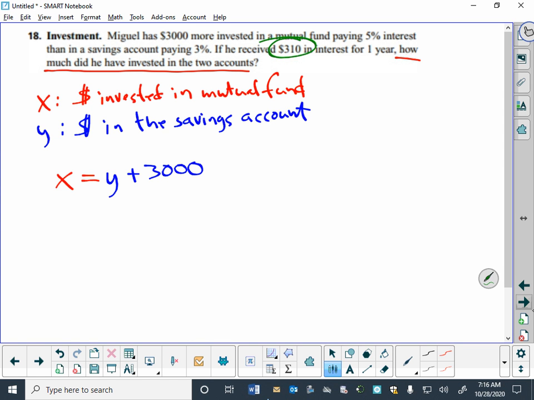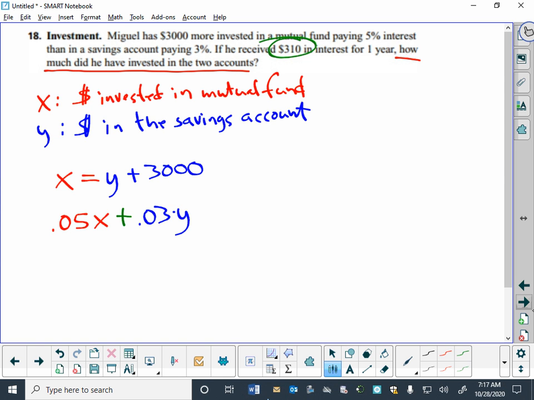Okay, where does that interest come from? Well, he has earnings from his different investments here, and so the money he has invested in the mutual fund pays 5% interest. So he gets 5% interest times the amount of money he has in the mutual fund. Plus, he earns interest on the savings account, but that's only 3% interest on the savings account.